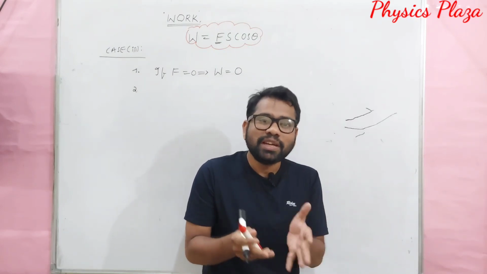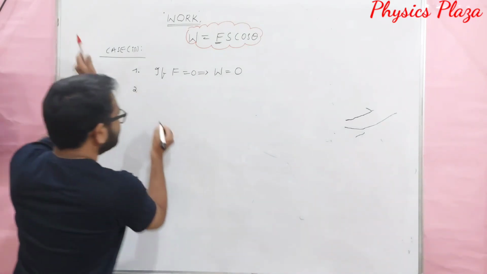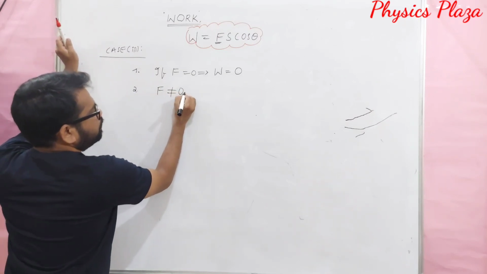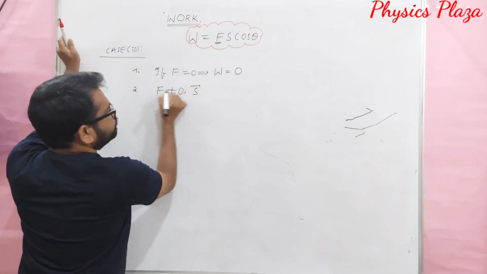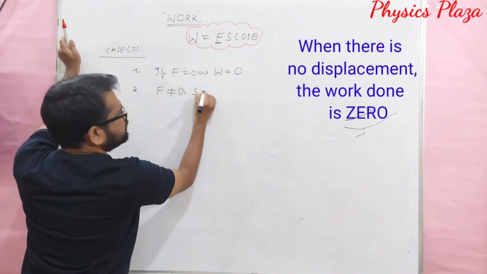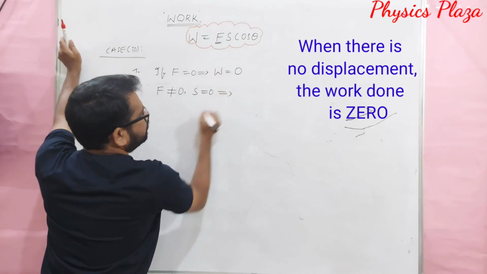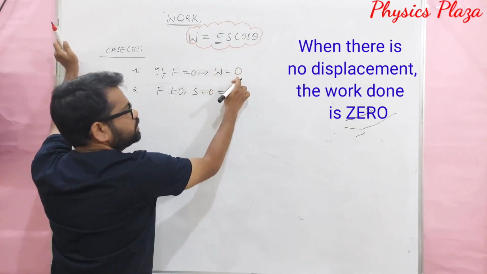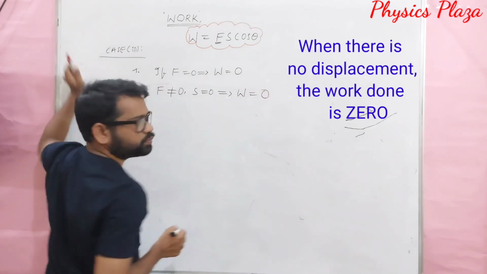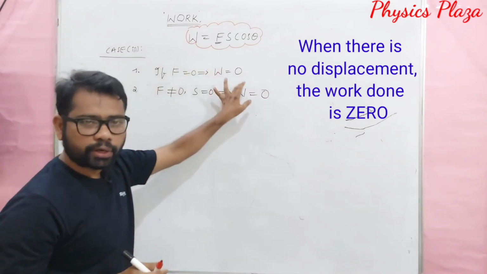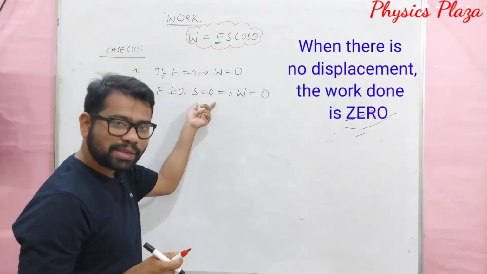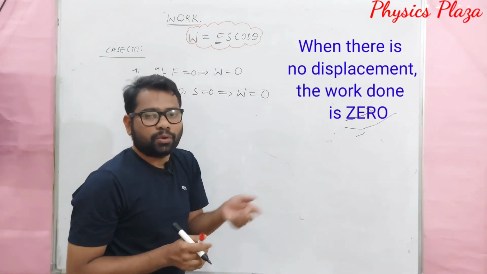Force is acting, but still displacement is 0. So, here force is not 0, but displacement is 0. No need to take a vector notation here. Displacement is 0, so in the place of S you can substitute 0. Then W, the work done, is 0. Children, no displacement, no work. Force is there, but there is no displacement. So, work done is 0.